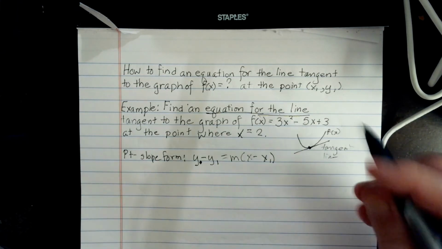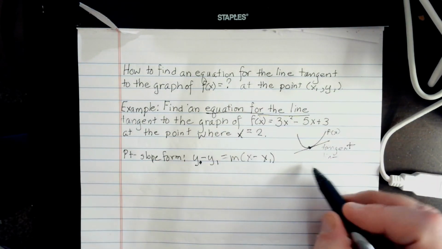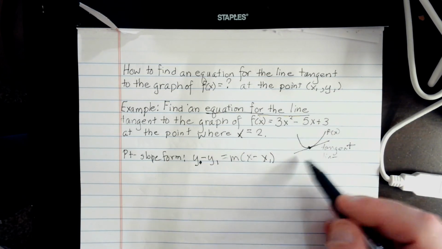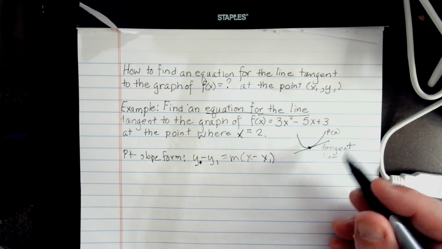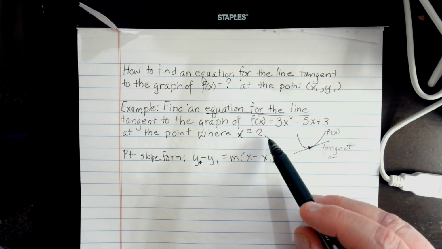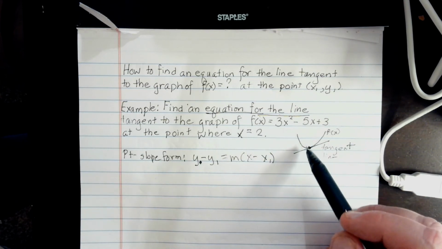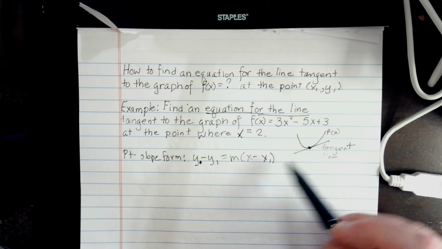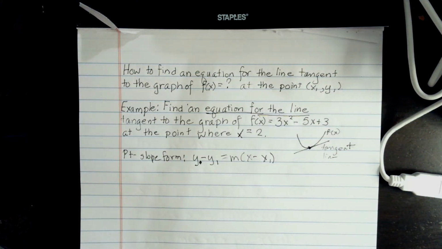So the point where x equals 2 lies on both the graph of the function and on the tangent line. So we can use this point to fill out the details in our equation.